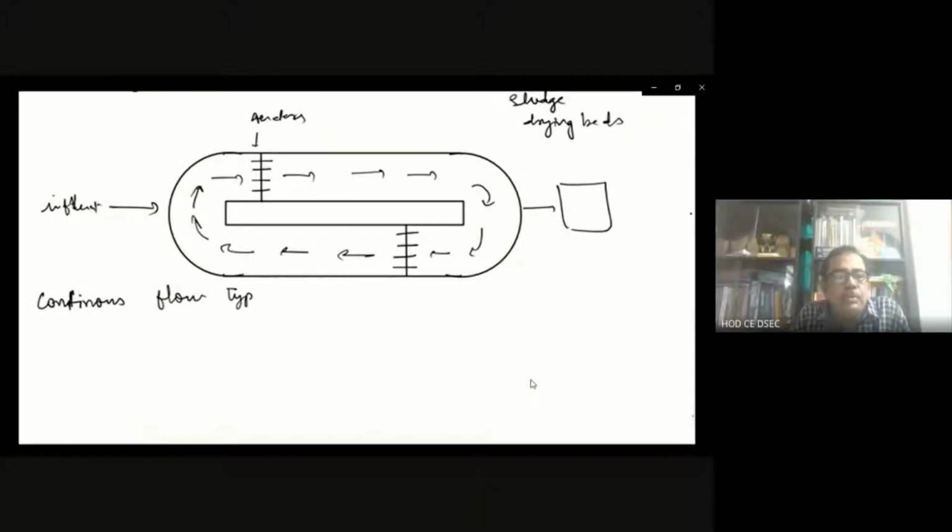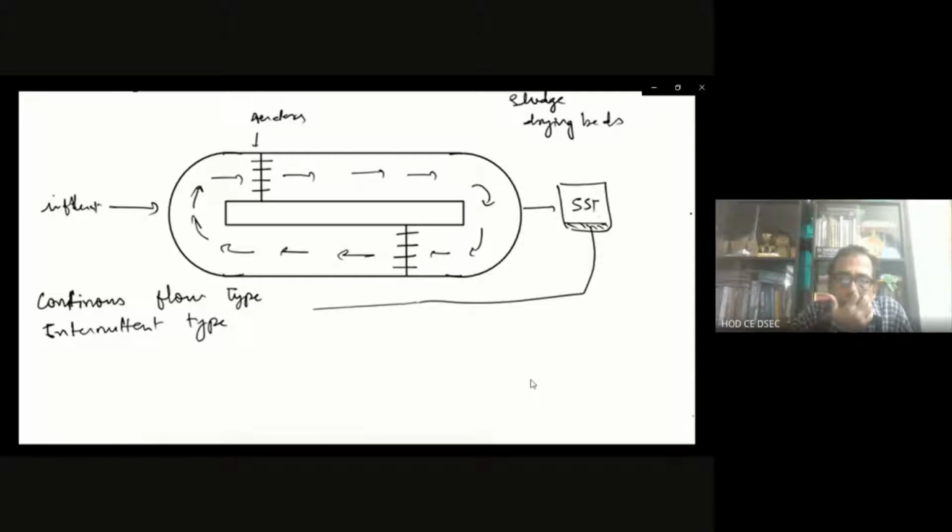So two types of flow occur in the extended aeration process. One is the continuous flow type, and another is the intermittent flow type. So what do you mean by the continuous flow type and the intermittent flow type? That I must say. From the SST, that is the secondary sedimentation tank, if the activated sludge is recycled back as shown by the arrow, then it is continuous.